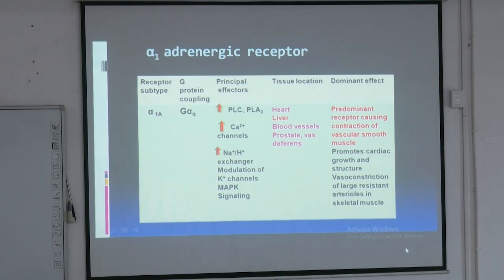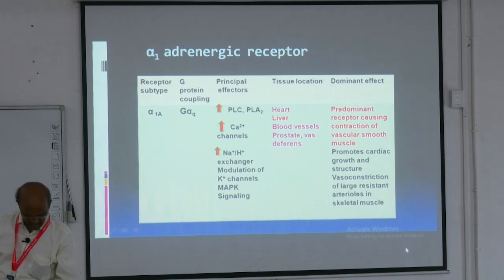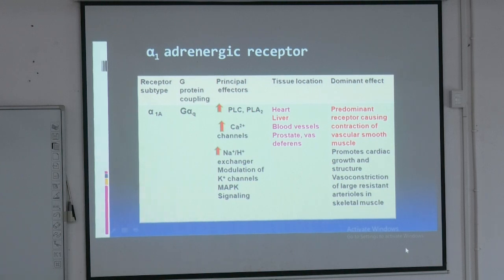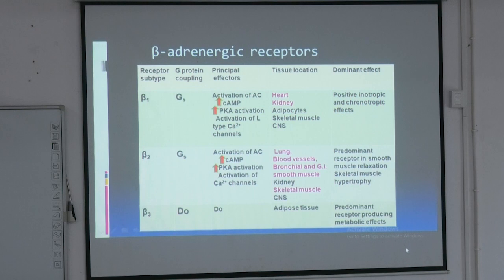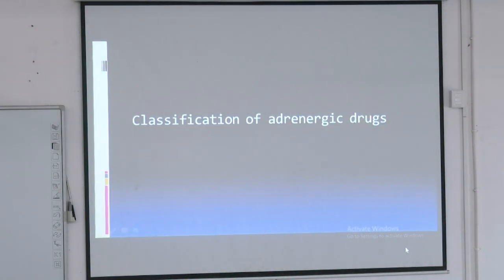Alpha 1A is stimulated, G alpha Q. It is stimulatory in nature, and there is release of calcium. Alpha 1D, again stimulatory, G alpha Q. All these are stimulatory, so I am not detailing this part.